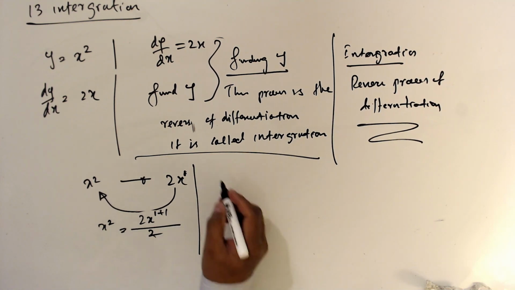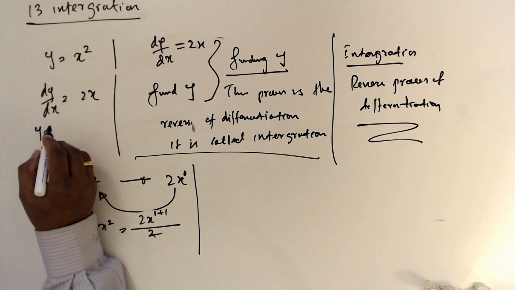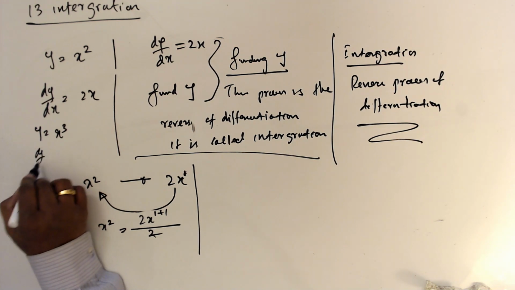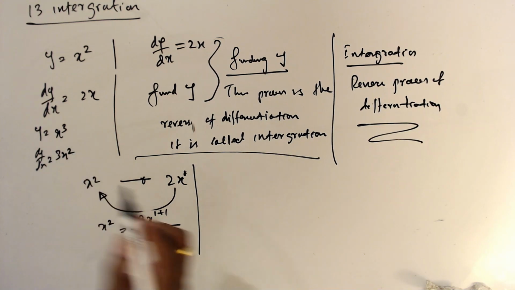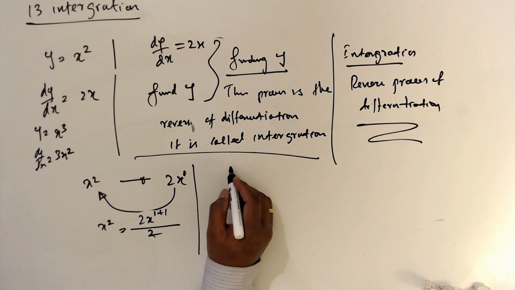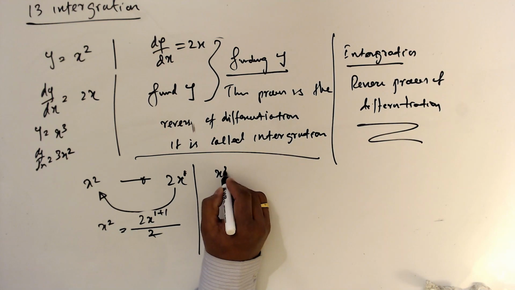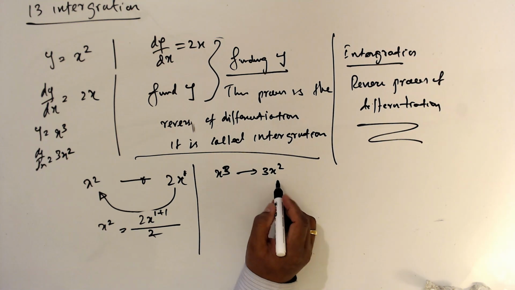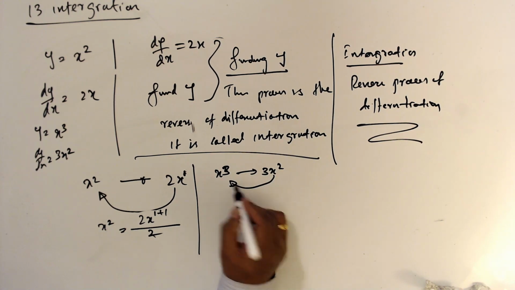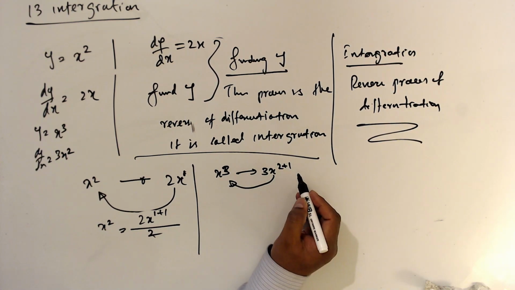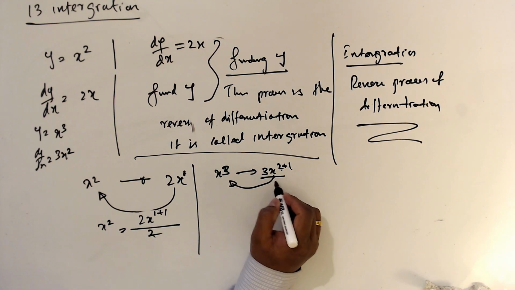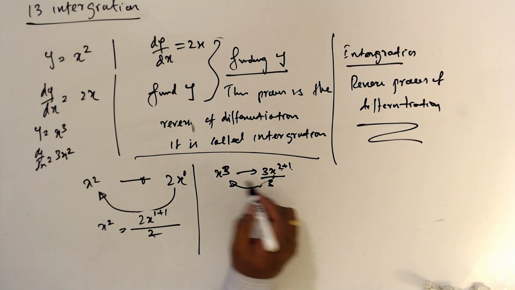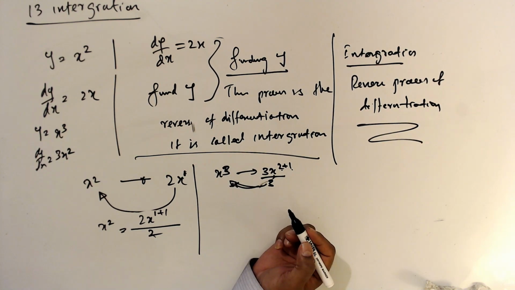Now, if you differentiate y equals x cube, what is the answer? dy over dx is 3x square. So x cube turns into 3x square. Then when going back, you add 1 to the power and divide by 2 plus 1, which is 3.